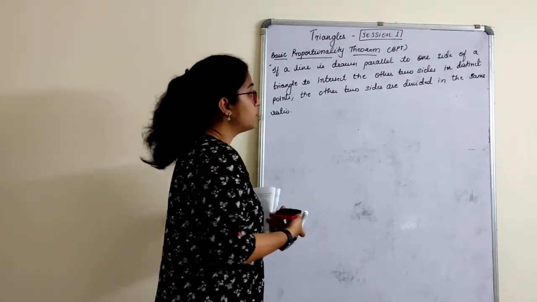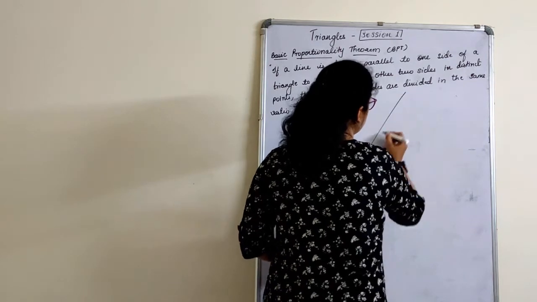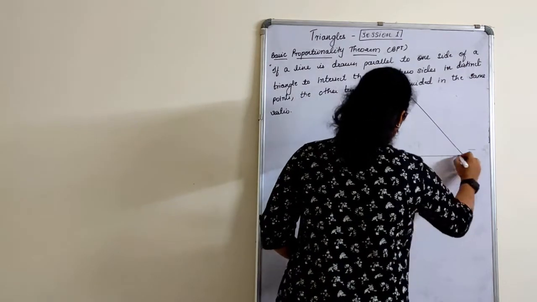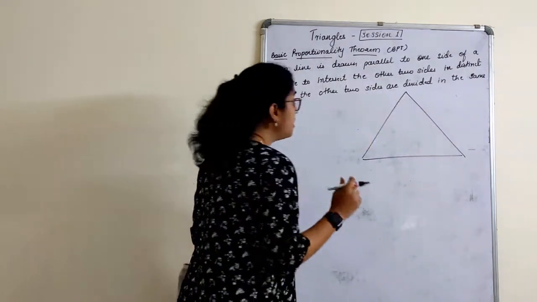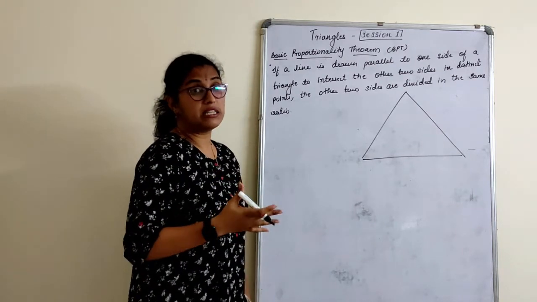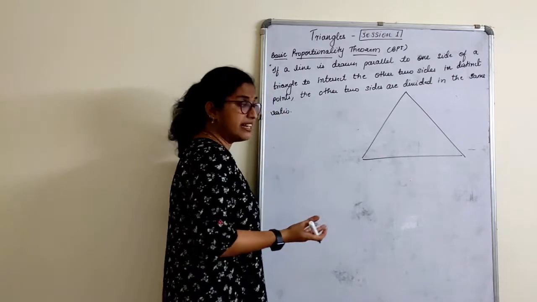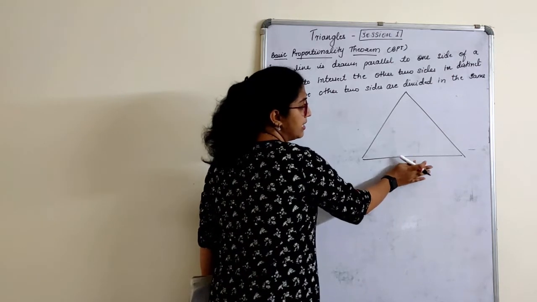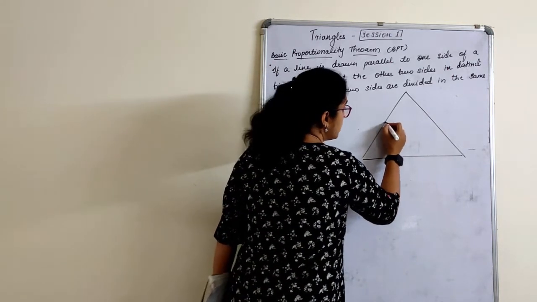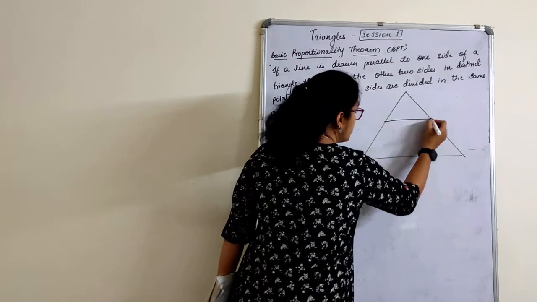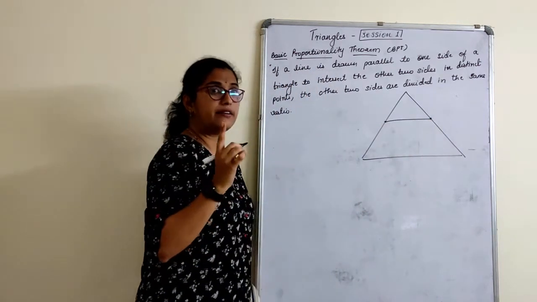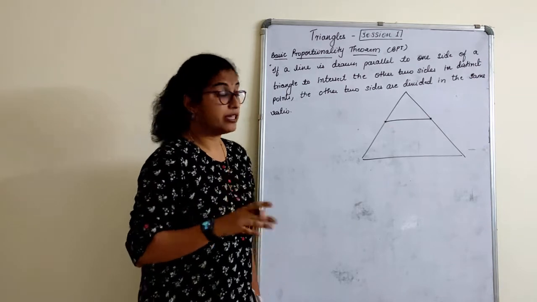So I'll explain what this theorem means, then we'll do it neatly. What this theorem tells us: if a line is drawn parallel to a side of a triangle, parallel to a side means any side. If I choose this as a side, then where should I draw the parallel? Choosing any two sides of this, I will choose like this. Remember, in the midpoint theorem we had done this, but this is not the midpoint theorem.